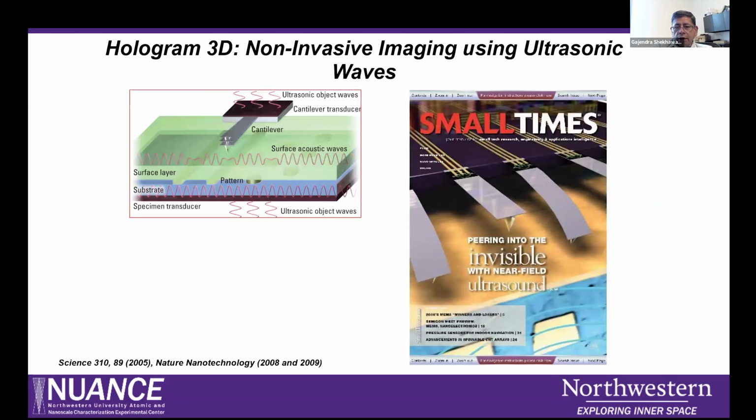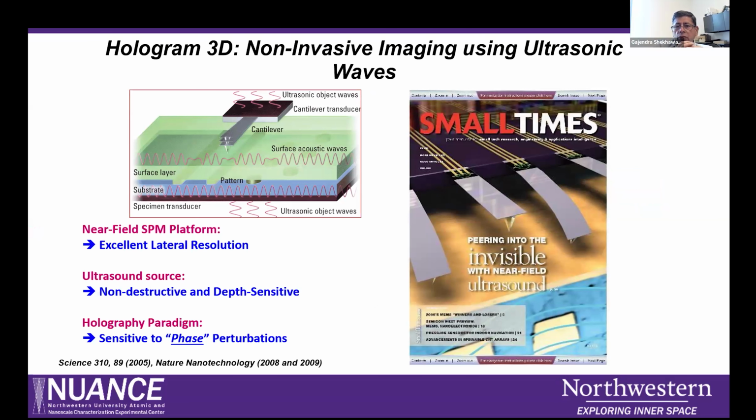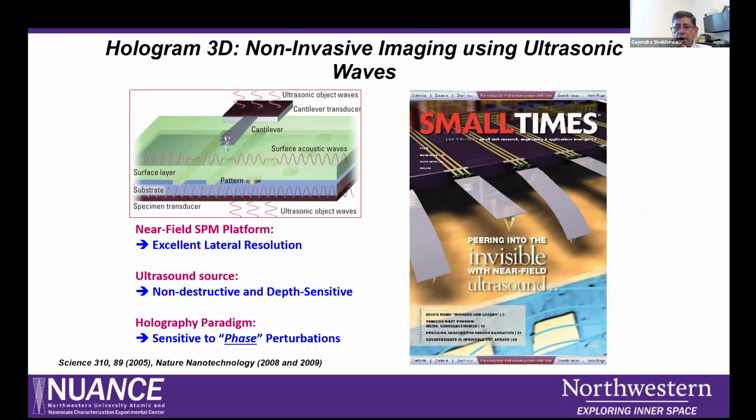Then comes ultrasound holography. We developed the first version of that in 2005, where instead of launching acoustic waves from the sample, you can also launch acoustic waves from the probe. The probe can be a pretty soft, silicon-based probe.